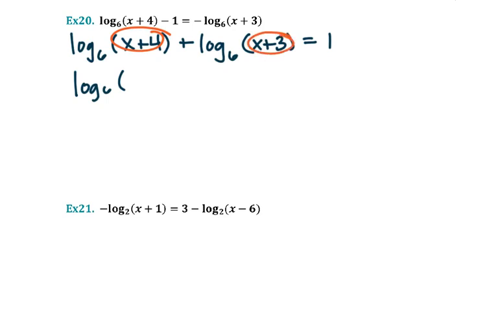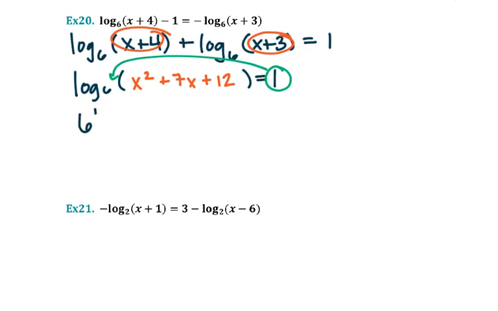And multiplying those 2 arguments gives me x squared plus 7x plus 12, which is equal to 1. So now that I have 1 log equal to a number, we convert. And when I convert this, this becomes 6 to the 1 equals x squared plus 7x plus 12.